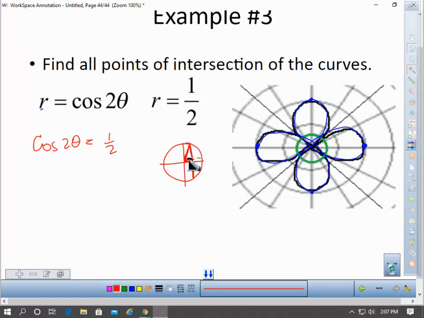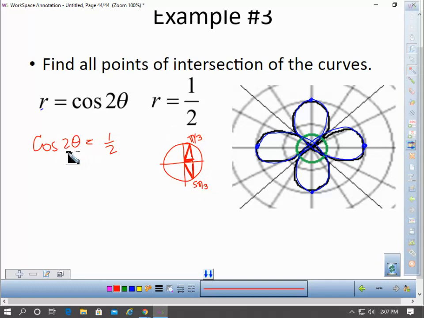So what are these values here? Well, this is pi over 3, and this one down here is going to be 300. So that's 5 pi over 3. Because this is 60 degrees up, 60 degrees back, so that's 300. So 5 times 60 is 300. So that's pi over 3, 5 pi over 3.